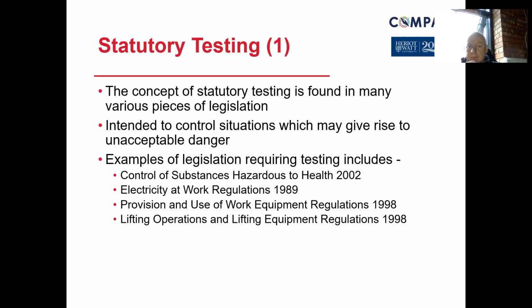But under the Electricity at Work Regulations, the statutory testing for fixed wiring has to be done every 5 years, as an example, to make sure that it's integrally safe. So the earth bonding strip still does the job that it should be doing, and you get a specialist electrician in to say, yeah, building's still good, we'll come back in another 5 years' time.